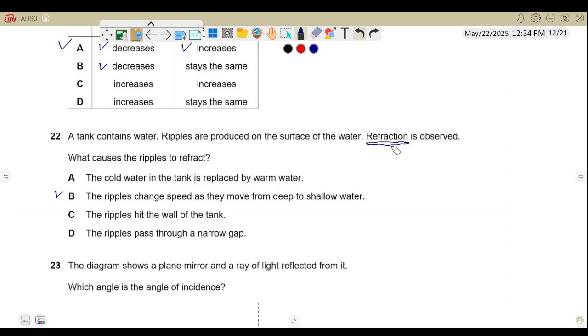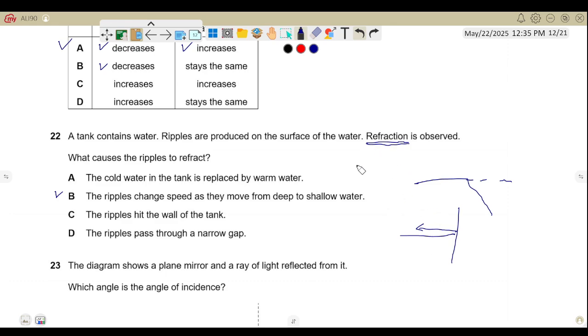When we talk about refraction, as a definition, it means a change of direction of a certain wave. When a wave is at a certain direction and it changes this direction, we're talking about refraction. If the ripples hit the wall of the tank, this will cause what we call reflection. That means it's going to change the direction to the opposite one.